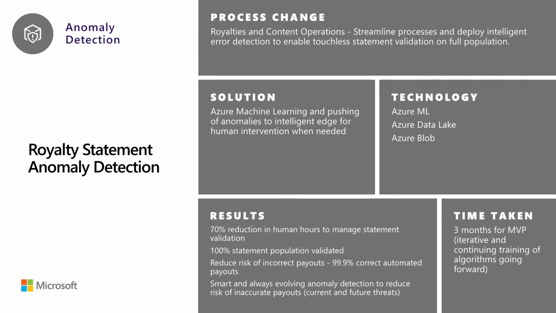And those statements that don't pass the judgment of AI go through human review, and that clearly gives a reason why something is red. Thereby, the risk of inaccurate payments is substantially reduced. You can see here that 99.9% of all the known errors are eliminated as a result of this. So we are seeing a lot of benefits overall.